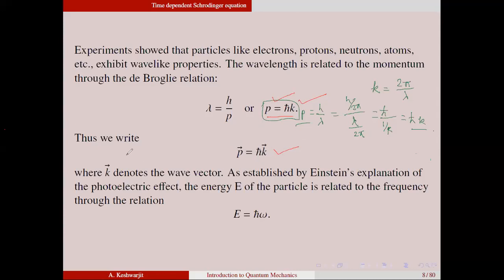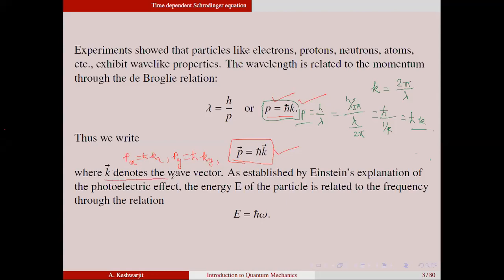And what are the three components? px equal to h bar kx, py equal to h bar ky, and similarly pz equal to h bar kz. So this is a vector relation in three dimensions.